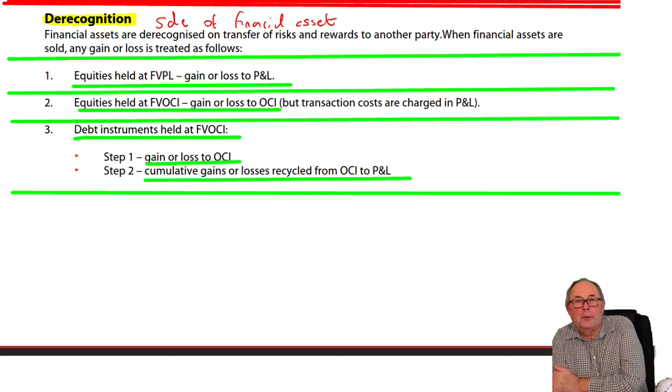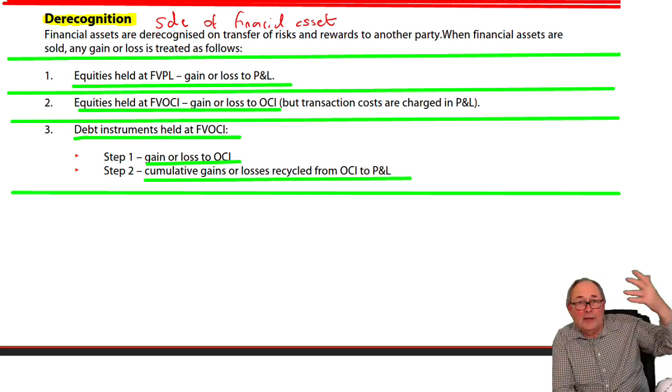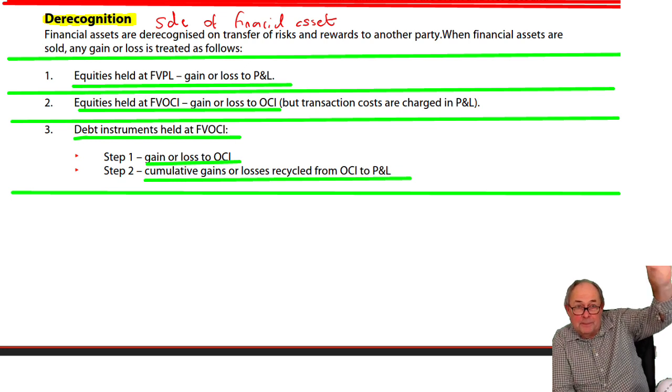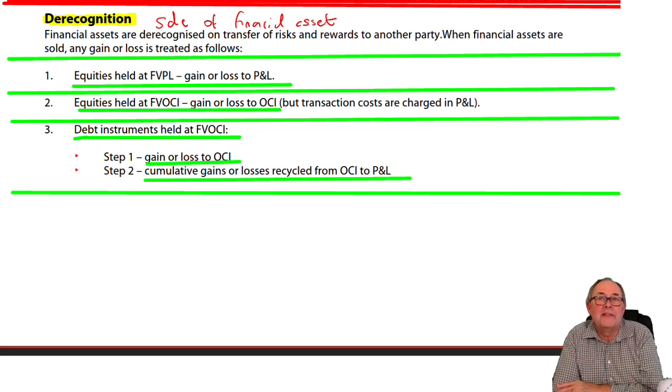But you can even pause the recording now, phone up your uncle or something and say, "Uncle, let me tell you the story." Well, equities, fair value, P&L or OCI, debt, cost model, unless you are a bond dealer, in which case, fair value through OCI. So if you've got that far so far, then we're cooking with gas.